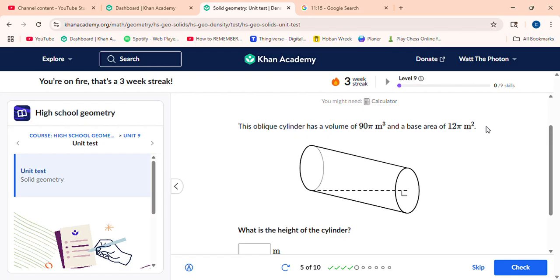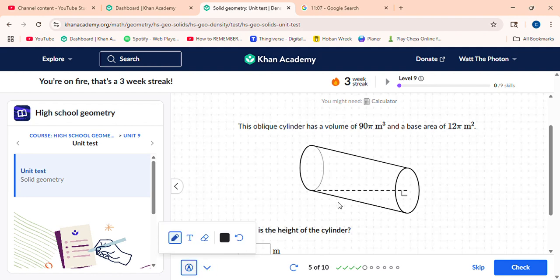That's going to be 90 divided by 12. That gets us 7.5. I think that's it, 7.5. So you can turn this into a triangle. Say 7.5.